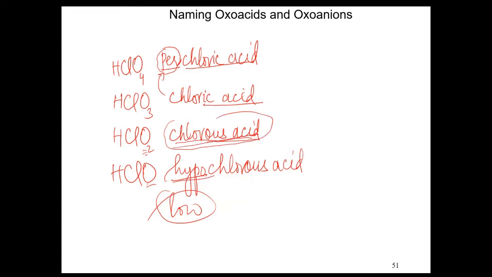Hypochlorous acid. So you have to remember two names: chloric acid, chlorous acid. When you remove one oxygen, it becomes hypochlorous acid. And when you add one more oxygen, it becomes perchloric acid. Now, this chlor is due to this chlorine. Okay. If I write HBrO4, what should be its name?